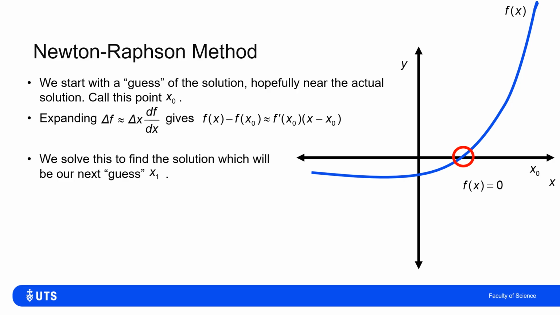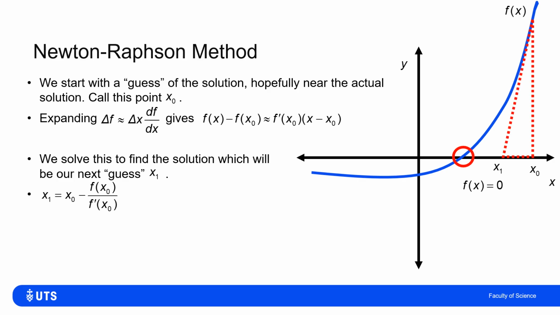And hopefully it'll give me a value which is closer to the real point. I'll call my new guess, not x0, but imaginatively I'll call it x1. So if I solve the linearized approximation, I'll get x1 equals x0 minus f(x0) divided by f'(x0).